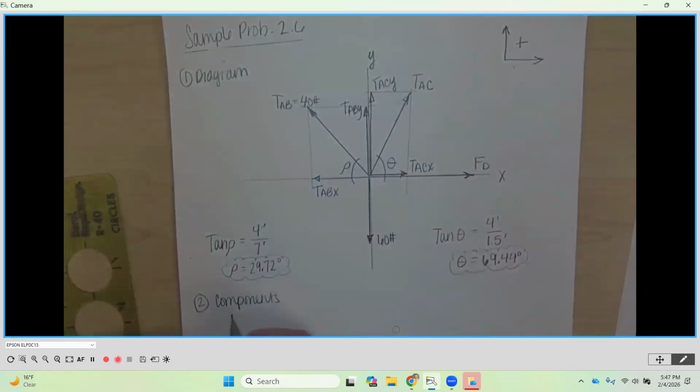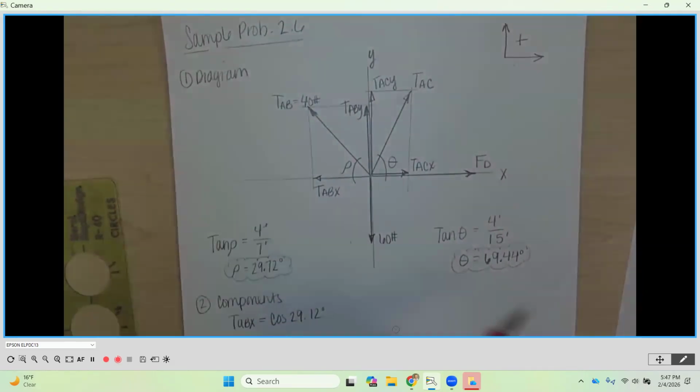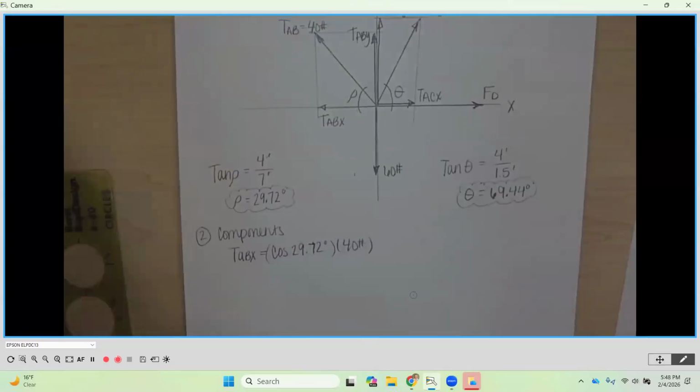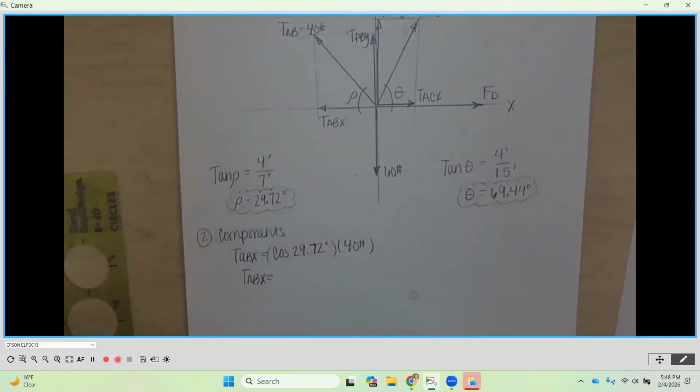So TABX is going to be equal to the cosine of 29.72 degrees times 40 pounds. Okay, make sure you put your units in there. And then what we'll do is we'll multiply that out and we'll get a value for TABX. Let me know what you get for that value.